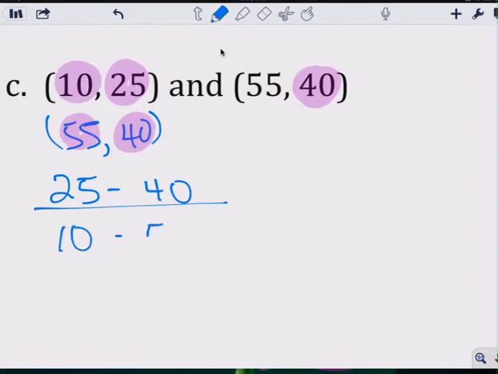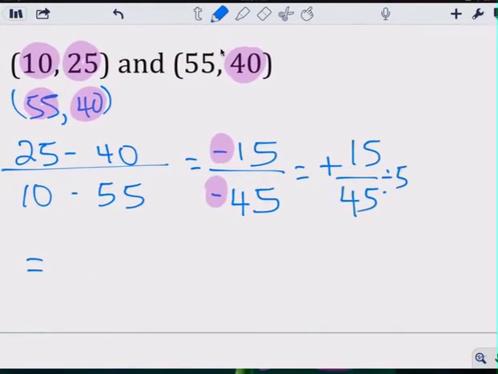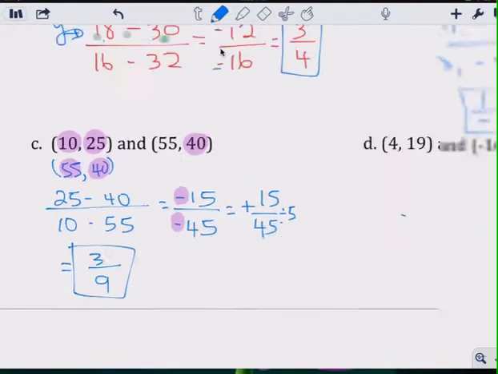That will give you a negative 15 over, if you need to use a calculator, negative 45. These two negatives will get you a positive 15 over 45, which can be reduced by dividing by 5 to 3 over 9. So your answer is 3 over 9.